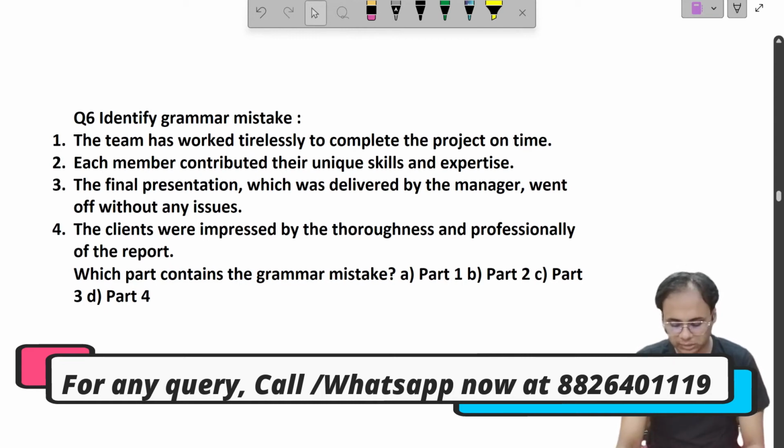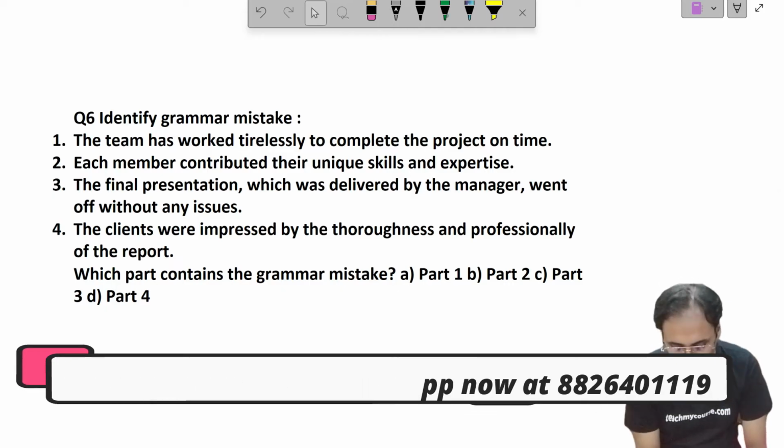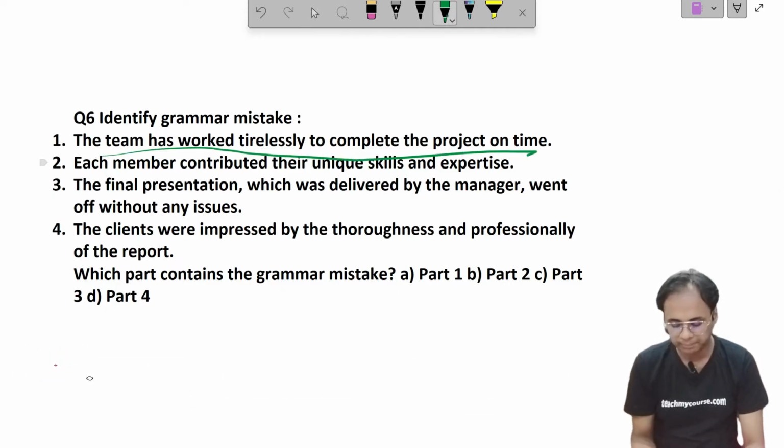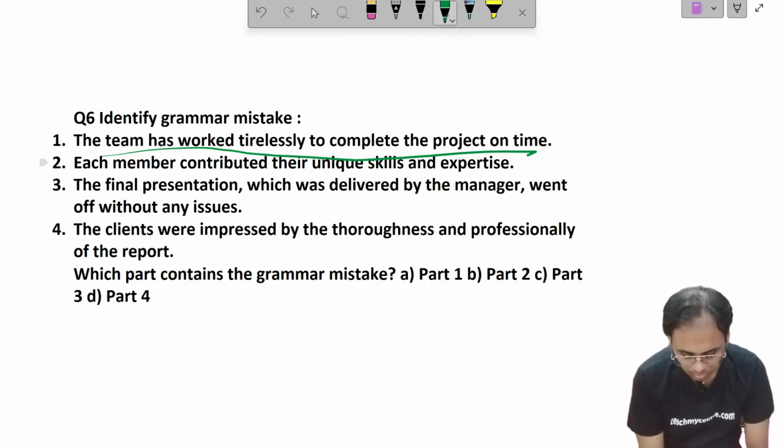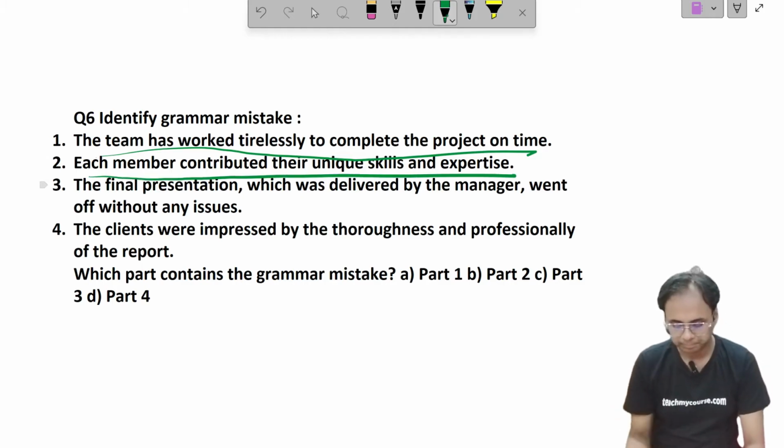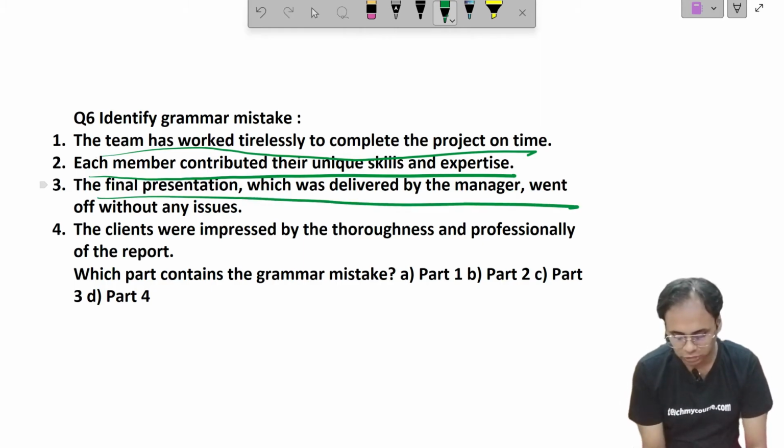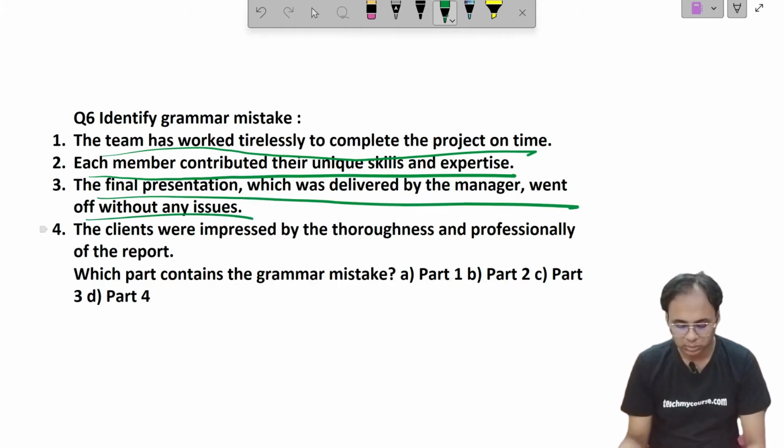The first sentence is the team has worked tirelessly to complete the project on time. This looks correct. The second one is each member contributed their unique skills and expertise. This looks correct. Next is the final presentation which was delivered by the manager went off without any issues.